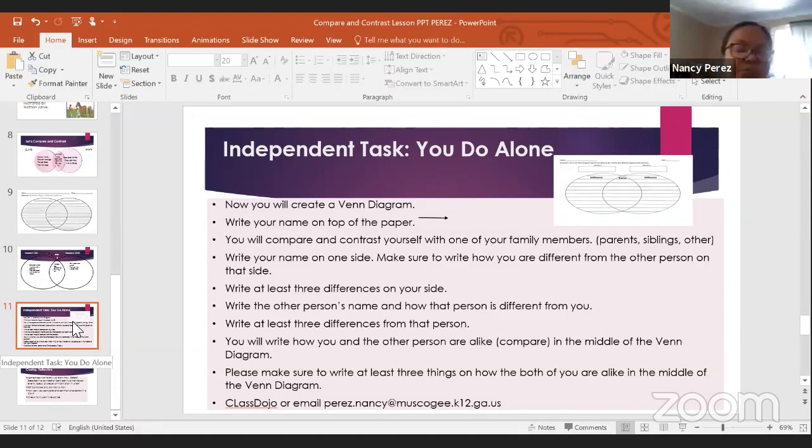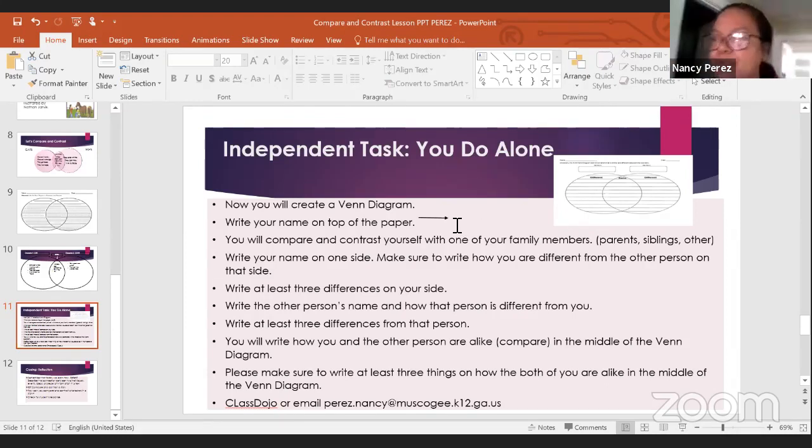You will create a Venn diagram. Remember, this is the Venn diagram right here. You will write your name on the top of the paper, so that way I know which one is your paper.